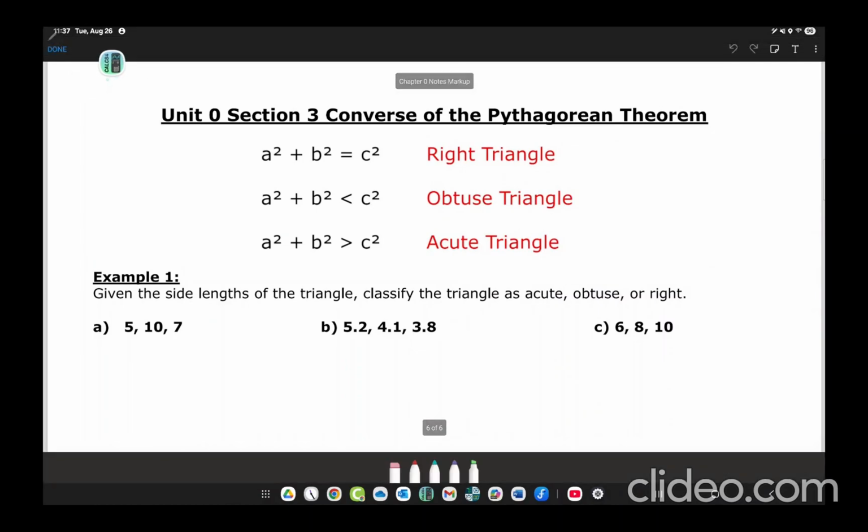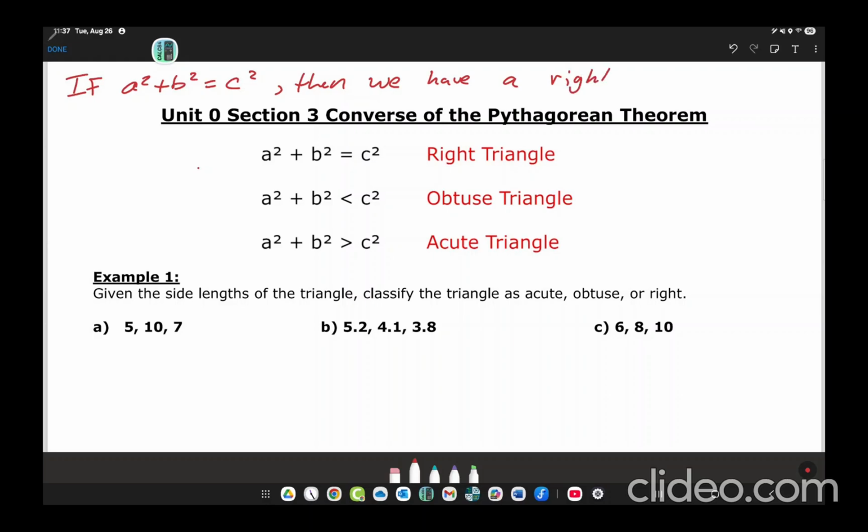If a squared plus b squared equals c squared, then we have a right triangle. That is the converse of the Pythagorean theorem. The original Pythagorean theorem says if we have a right triangle, then a squared plus b squared equals c squared. Today, we're doing the opposite.